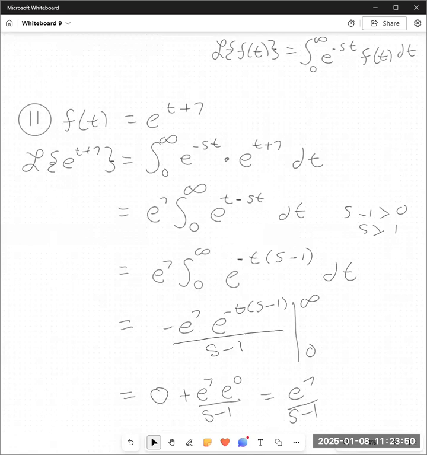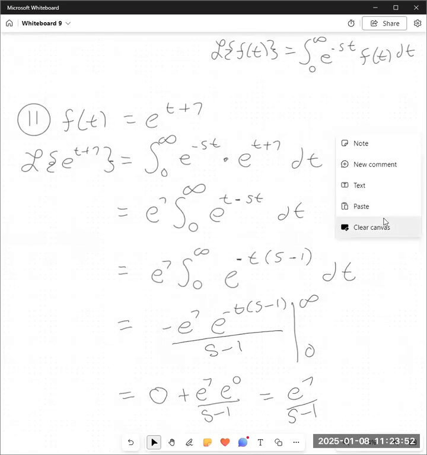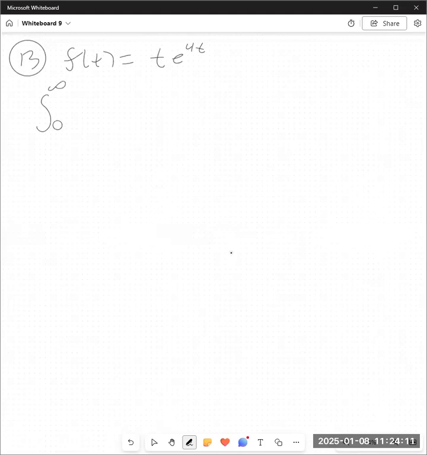Let's move along here to number 13. We're going to have f of t equal to t e to the 4t. So we have the integral from 0 to infinity of e to the negative st times t e to the 4t dt.